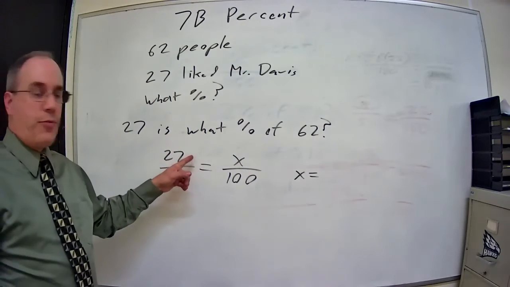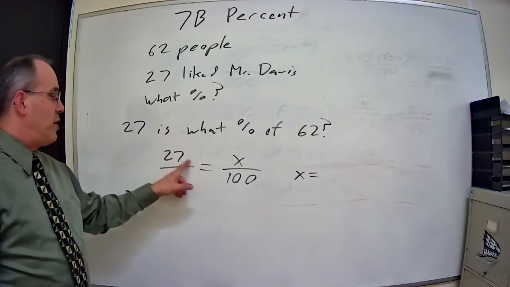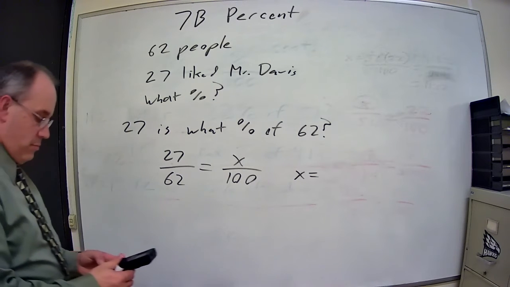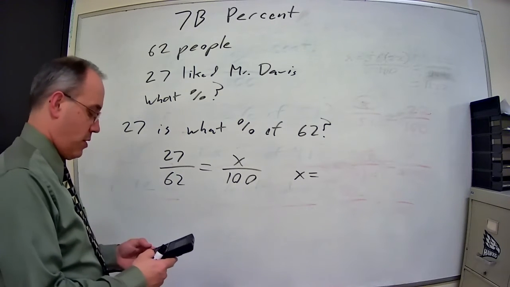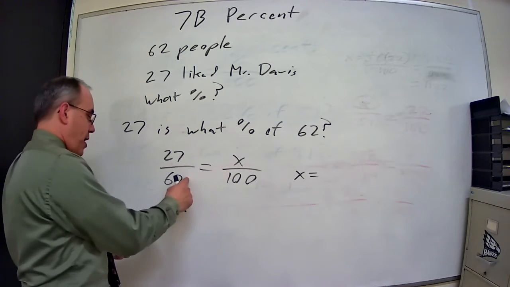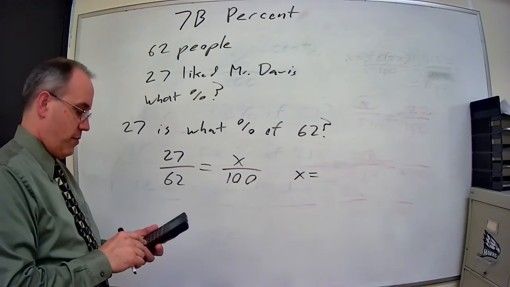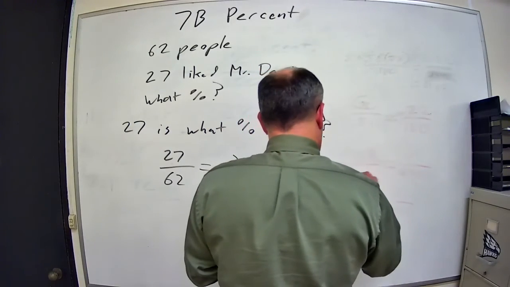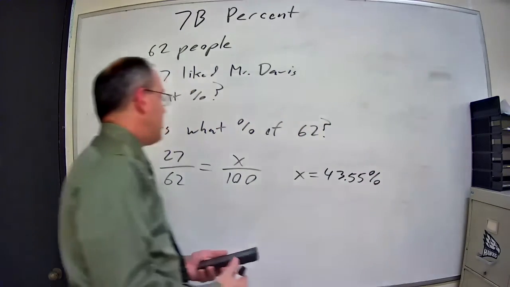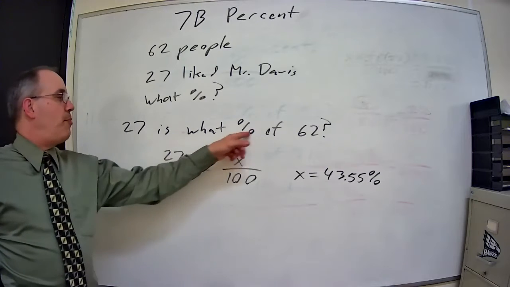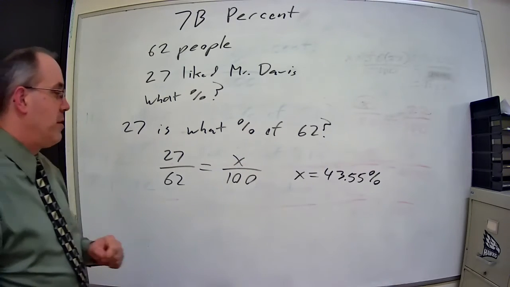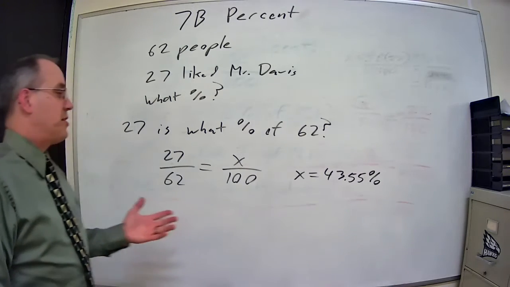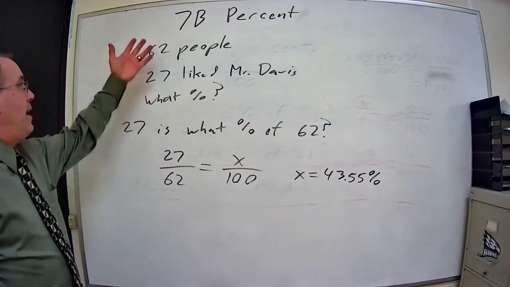X is equal to, and remember I said we could multiply the diagonal, 27 times 100 or 2,700, divided by what's opposite, 62, gives you 43.55%. 27 is what percent of 62? 27 is 43.55% of 62. And that's it.